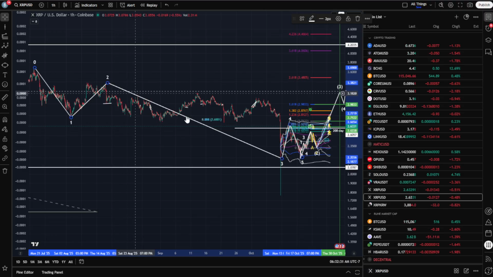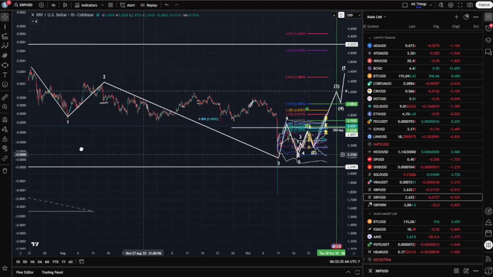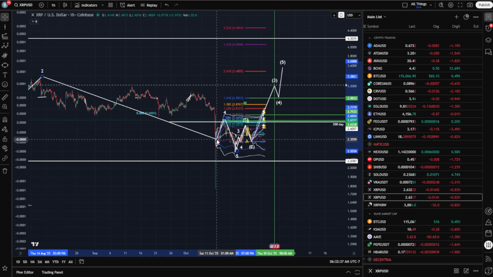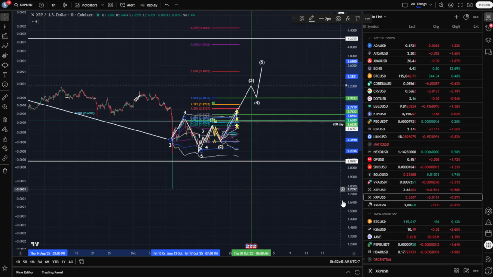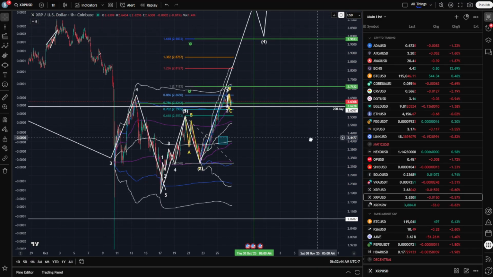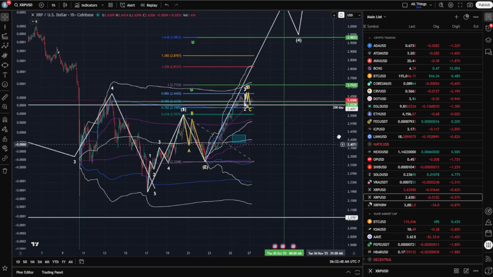And so you end up having this whole thing be a 3 in the move to the downside. And that's basically how I'm counting it at this point in time, where there's your 3. Then we go up, roll up, and one more 5-wave move down to finish out the 5th, 1, 2, 3, 4, 5. And now we've actually begun our impulsive structure off the lows.